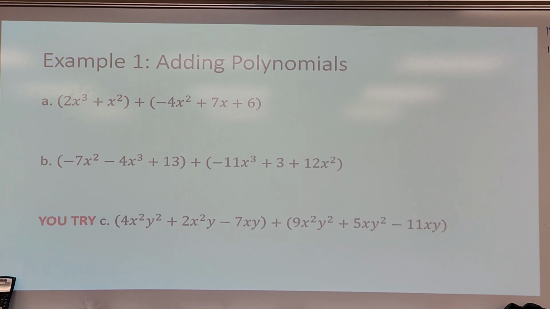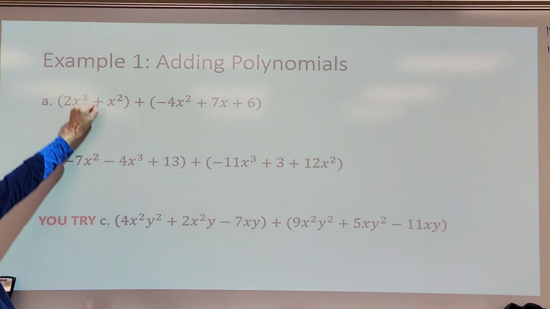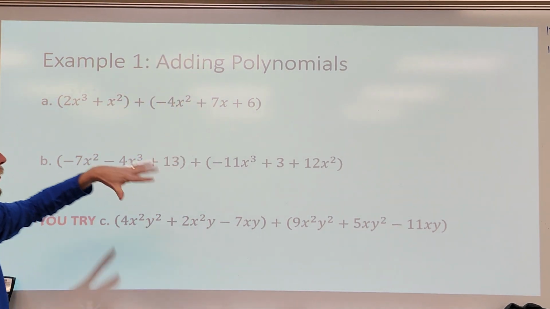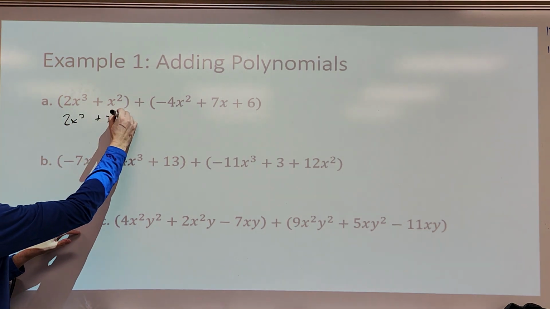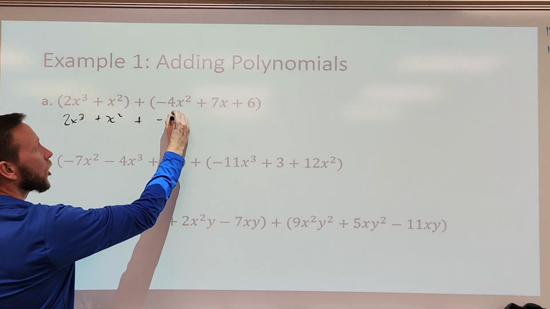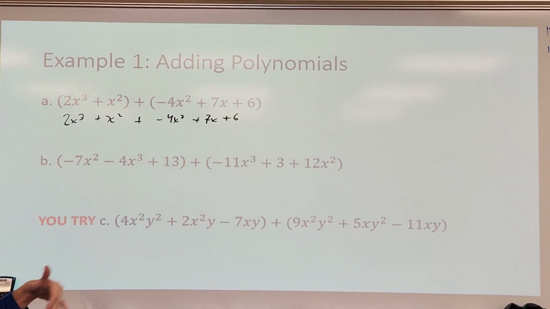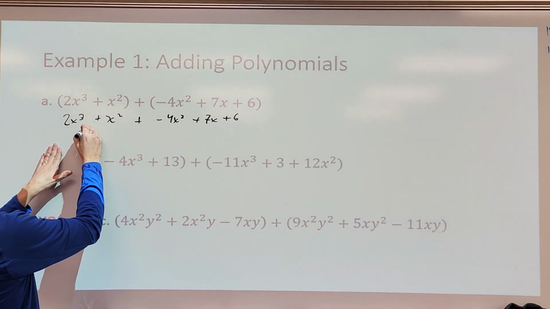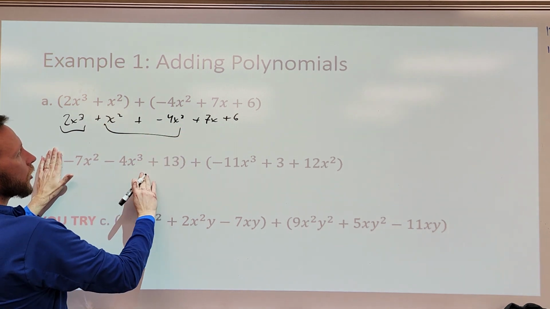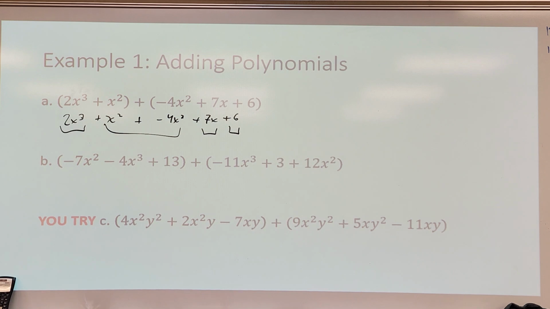So let's go ahead and try to combine like terms. The parentheses just group this expression plus that expression. You are welcome to shed those parentheses and pretend that they are not there, because we know that by the associative property, it doesn't matter how these expressions are grouped. It just matters that we are able to combine the like terms. So here I've got a cubic, our quadratics, our linear, and our constant term.